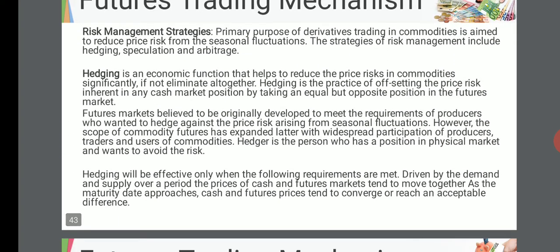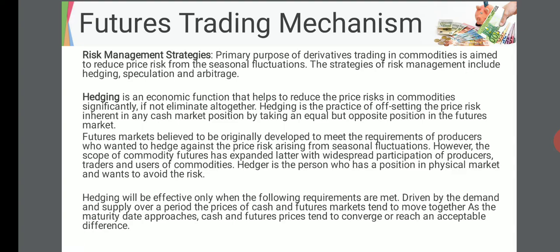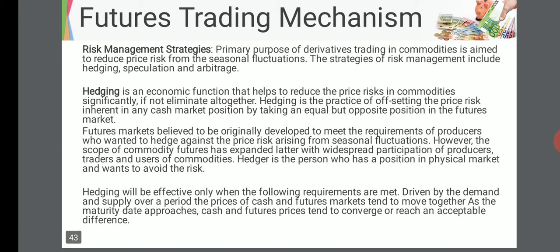What are the risk management strategies in the futures trading mechanism? The primary purpose of derivatives trading in commodities is to reduce the price risk from seasonal fluctuations. The strategies of risk management include hedging, speculation, and arbitrage. What is hedging? Hedging is an economic function that helps to reduce the price risk in the commodity significantly, if not eliminate it altogether.